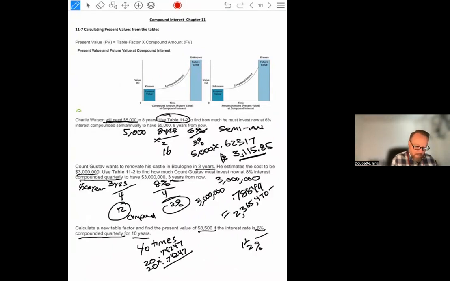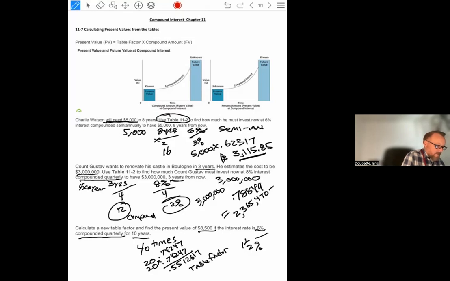So 0.74247 times 0.74247 equals 0.551617. That is now my new table factor.